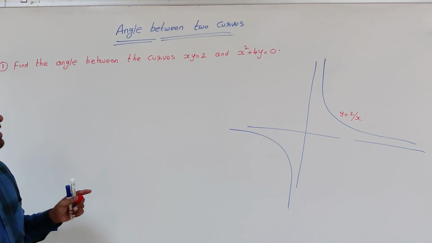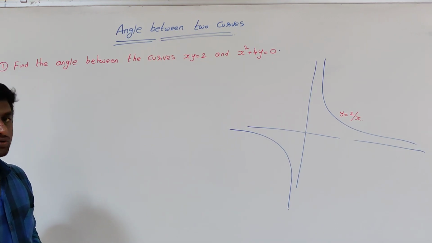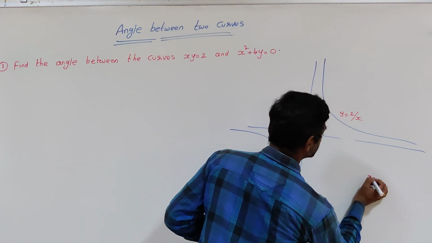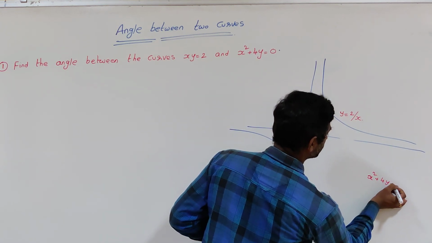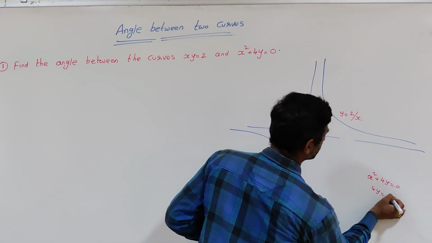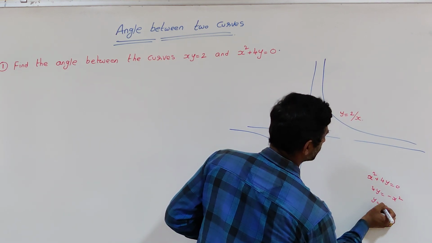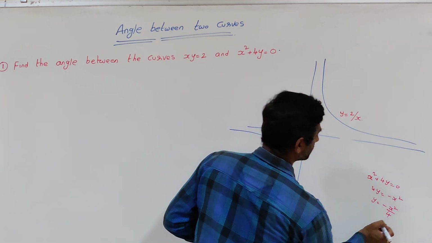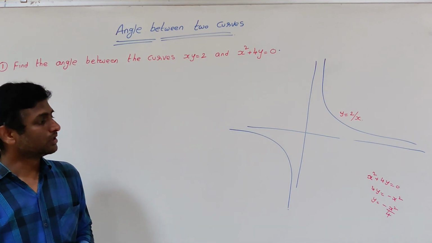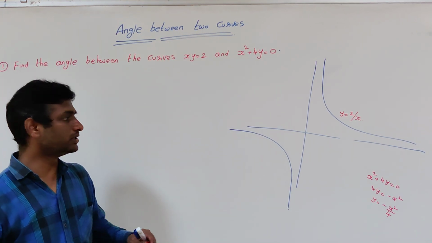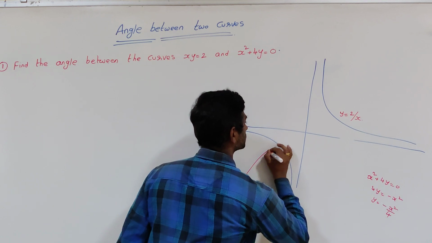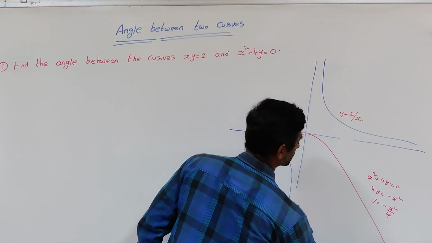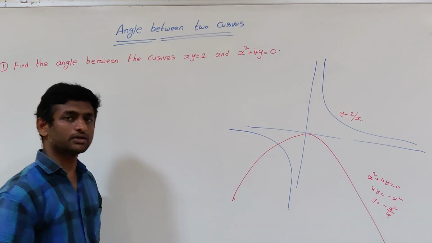Next, x square plus 4y is equal to 0 means 4y is equal to minus x square, y is equal to minus x square by 4, means it is a parabola which is open downward. So this is the curve.